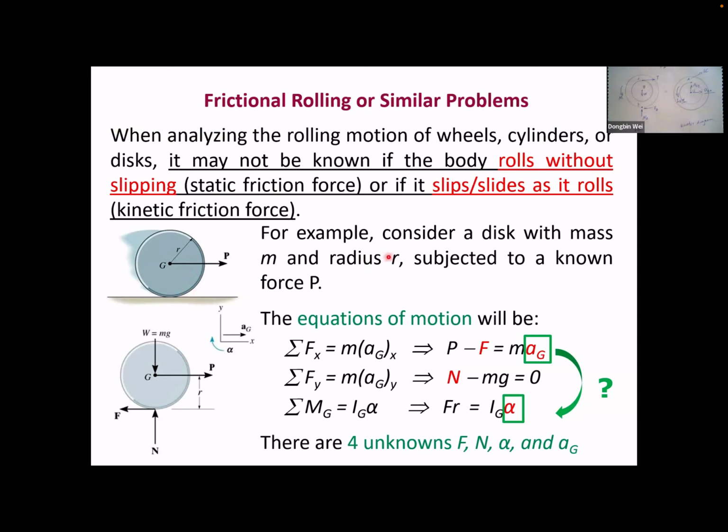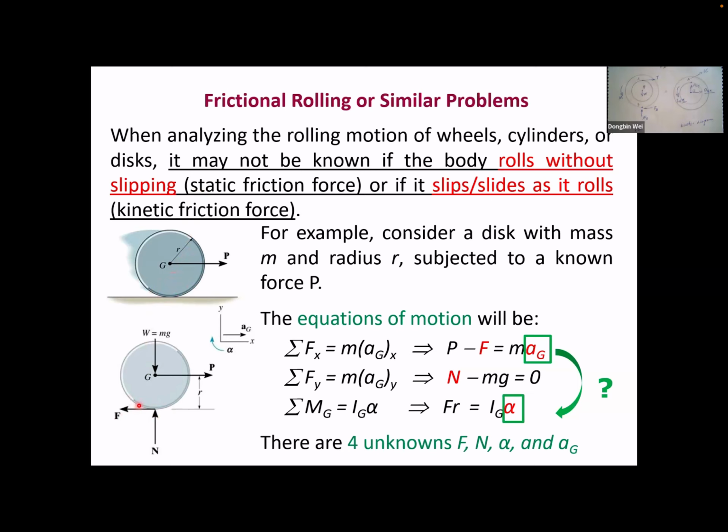If it's a rolling without slipping problem, then at the contact point between this rolling rigid body and the surface, this friction force must be static friction force.